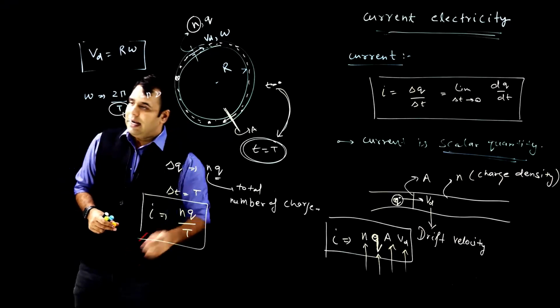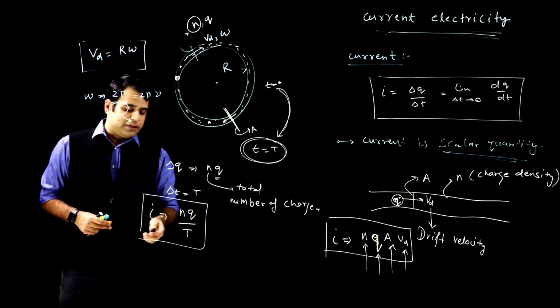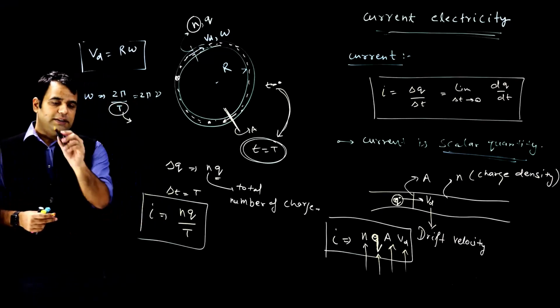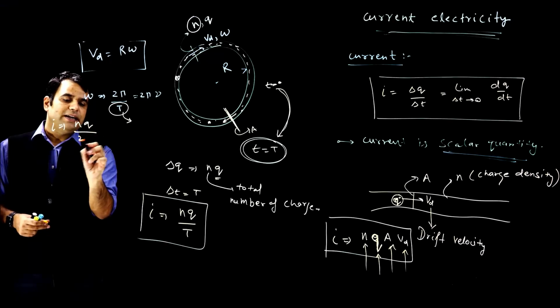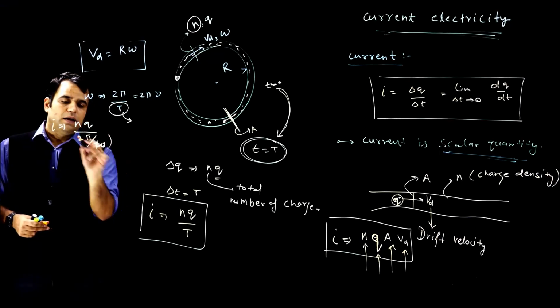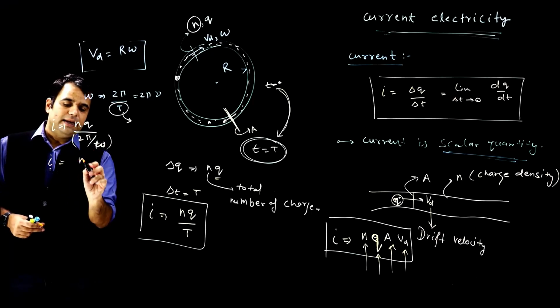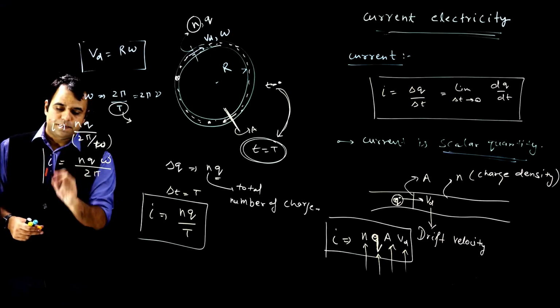And this capital T, we can replace using omega also. So this value of current can be written as NQ divided by 2 pi by omega, or it can be said that NQ omega upon 2 pi.